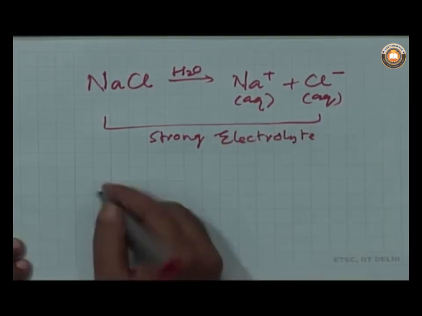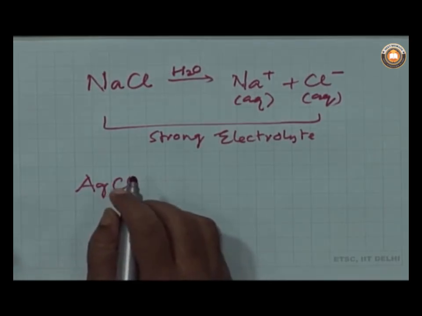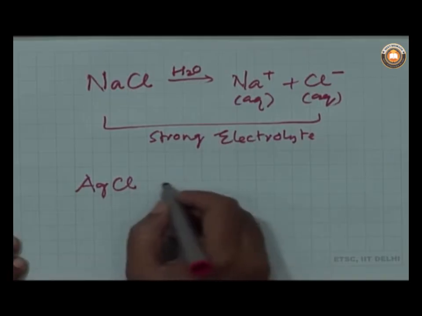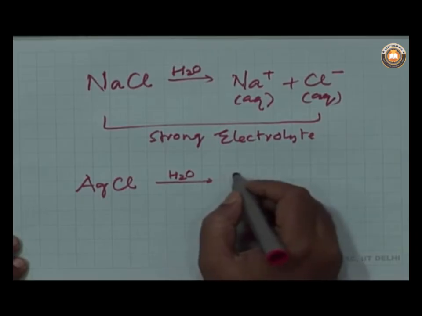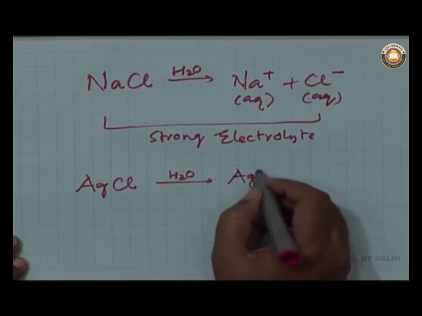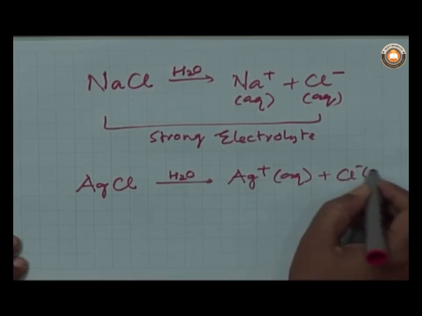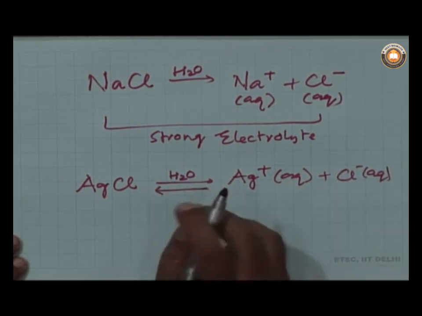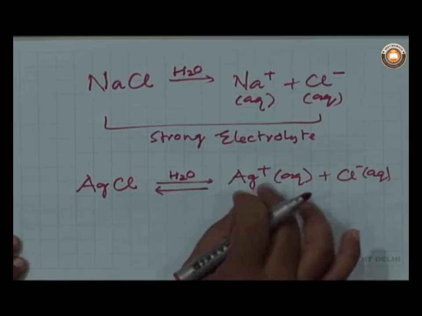On the other hand, you have sparingly soluble salts, something like AgCl, silver chloride, gives you Ag plus Cl minus, and here it is a reversible reaction. What this means is AgCl is not completely dissociated.